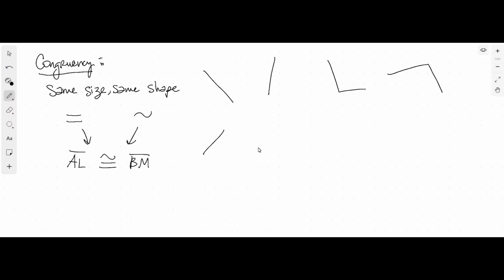Let's undo that. I have no way of doing that properly, but let's say I wanted to show that those were the same. And then let me add in two smaller segments and then two smaller angles.